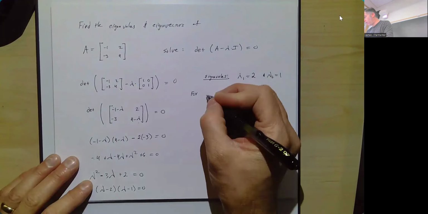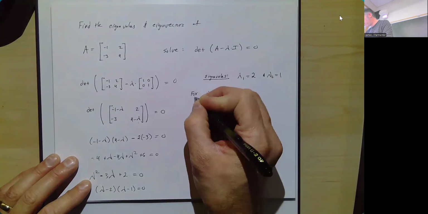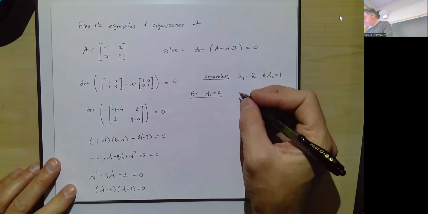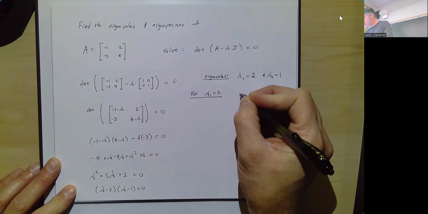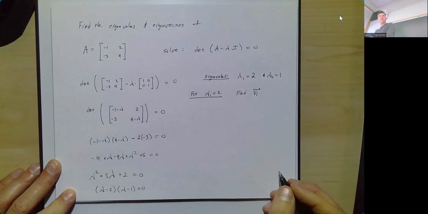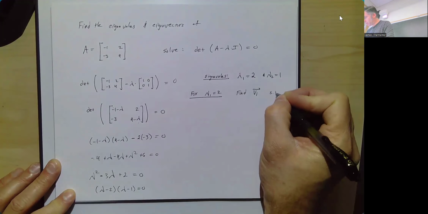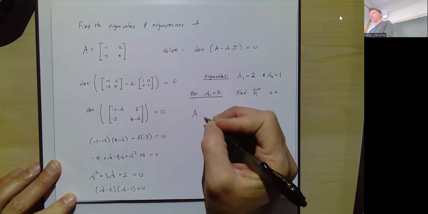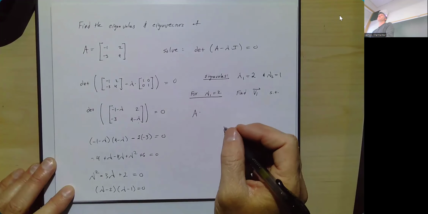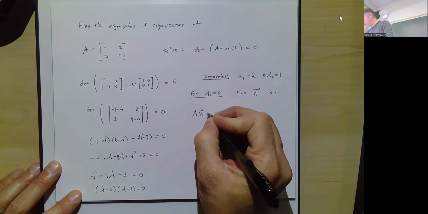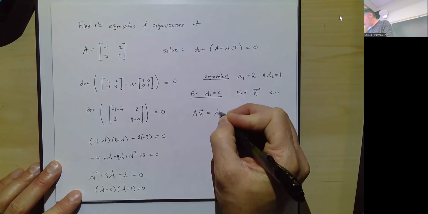So for lambda 1 equal to 2, we want to find the eigenvector v1 such that, I'm going to do it the way I like to do it first, A times v1 equals lambda 1 times v1.